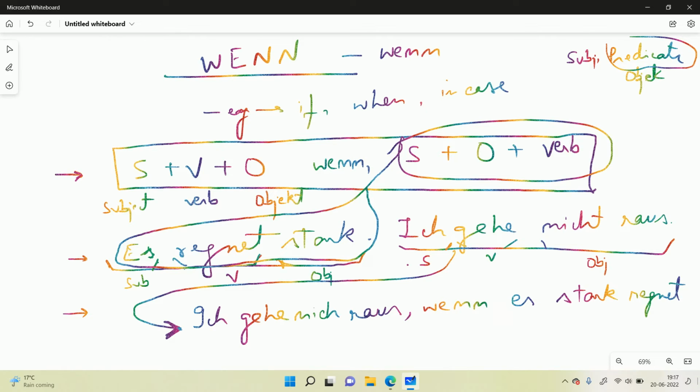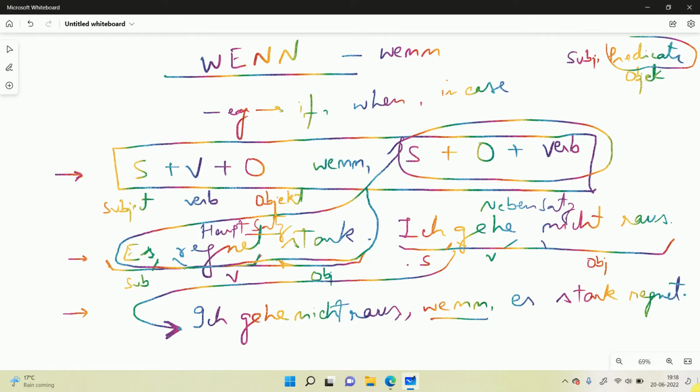Don't be overwhelmed, don't be stressed. We will take many examples, and then it will be all clear. So what I wanted to tell you is, ich gehe nicht raus, wenn es stark regnet. When we are using when, the complete sentence structure is changed. First of all, the Hauptsatz and Nebensatz: the first sentence is the Hauptsatz, H-A-U-P-T, Satz, and the second sentence is the Nebensatz.